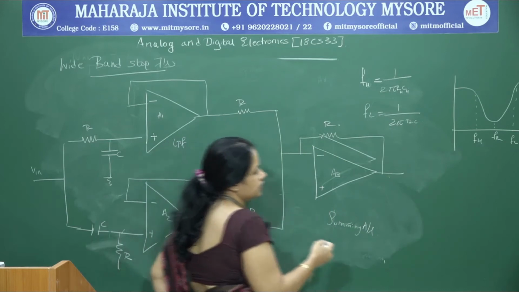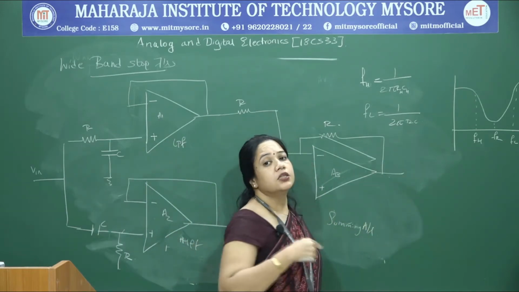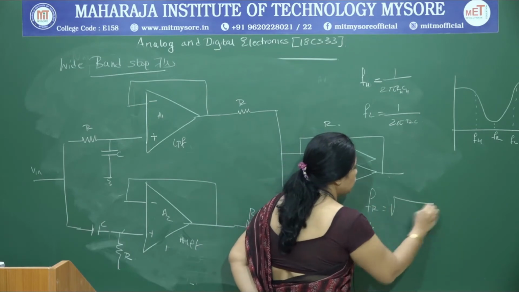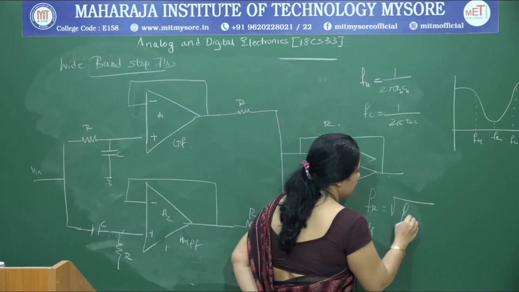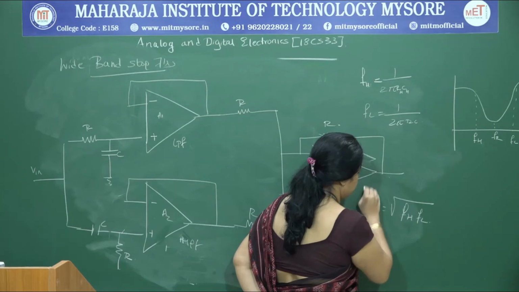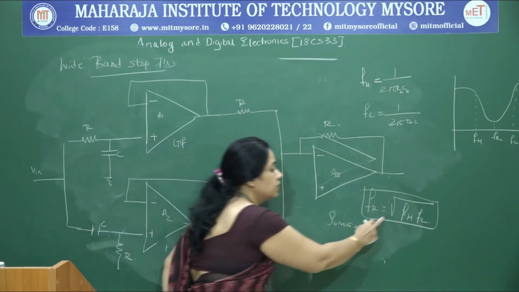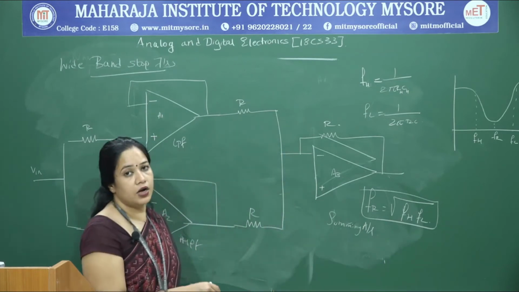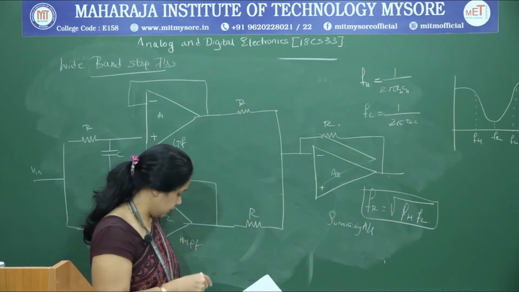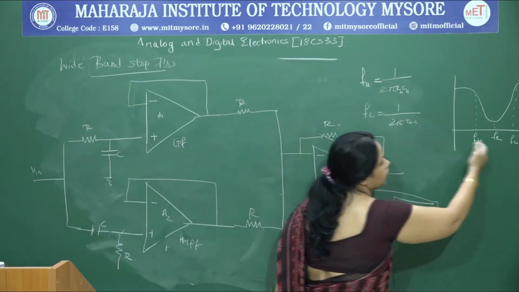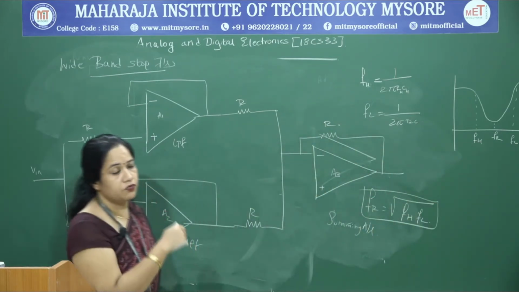And your notch frequency, that is the frequency at which the attenuation is maximum, is nothing but the square root of the product of the upper cutoff frequency FH and the lower cutoff frequency FL. And the bandwidth is obviously the difference between the upper cutoff frequency and the lower cutoff frequency.